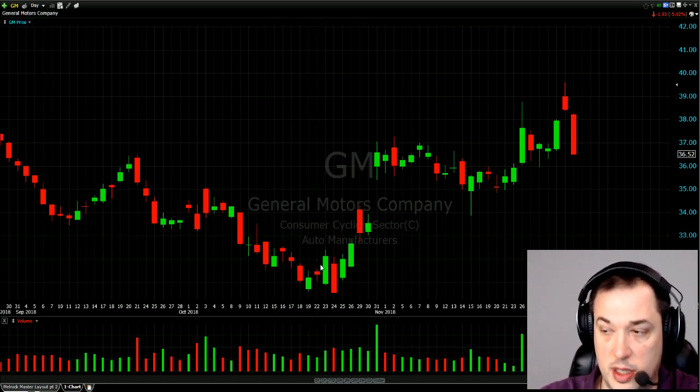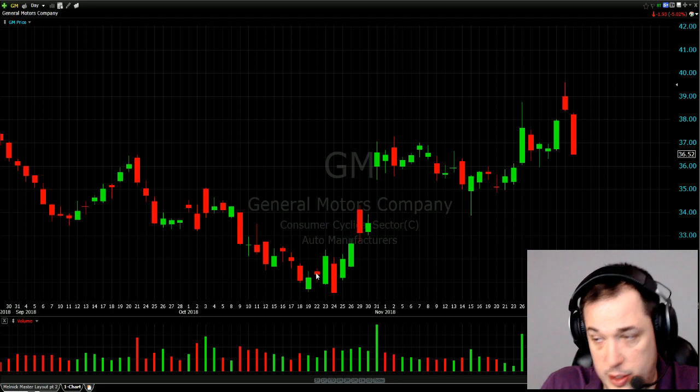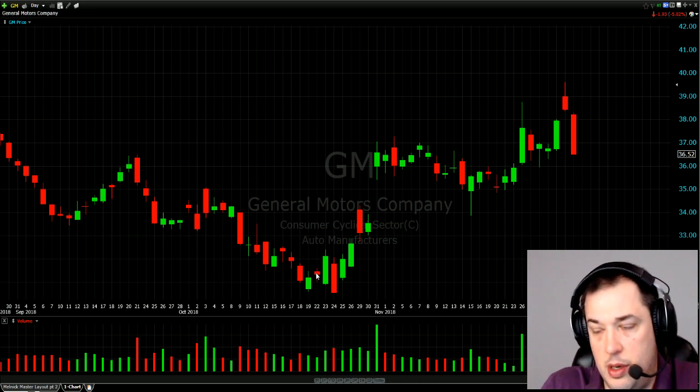Now, how do I algorithmically code that? If I was talking to somebody in IT or somebody who is smarter than me when it comes to computers, I would look for an average range to be a certain number based on the candlesticks.